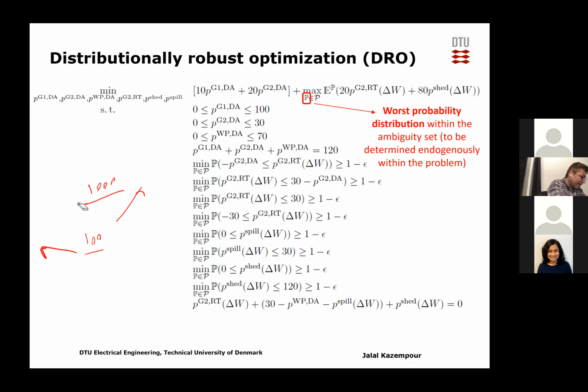Robust optimization, yes. But the other way around, if we start shrinking the ambiguity set, already we had 100 distributions, now we shrink it to only one. We pick one as a very specific case. It means that we exactly know what our distribution is. Then what happens? We are least conservative.